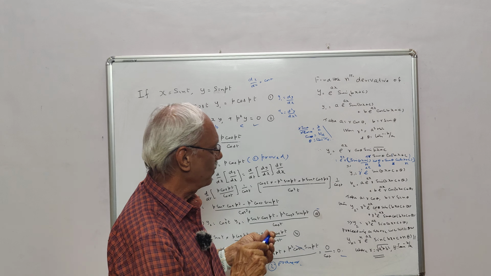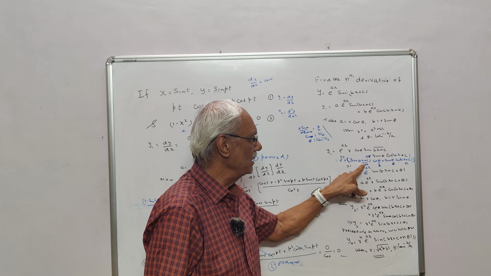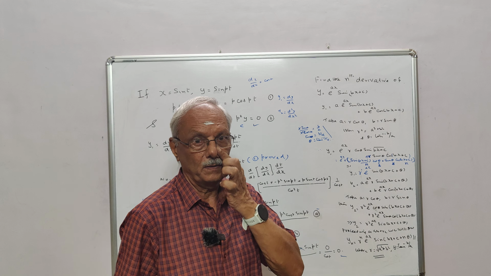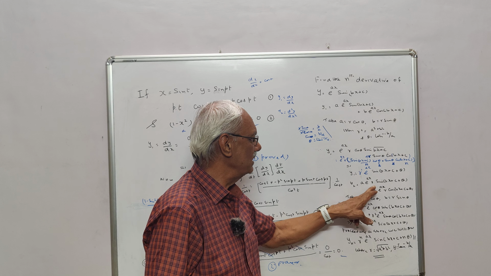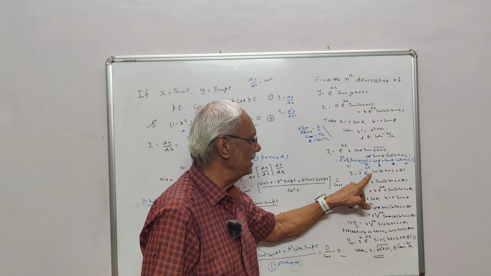So it is r to the power of 1, because you are finding the first derivative: r to the power of 1 e to the power of ax sin of bx plus c plus 1 time theta. Then you go for the second derivative. So here this is r into the differentiation as we have done earlier.